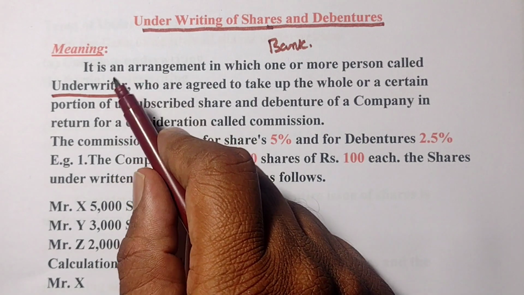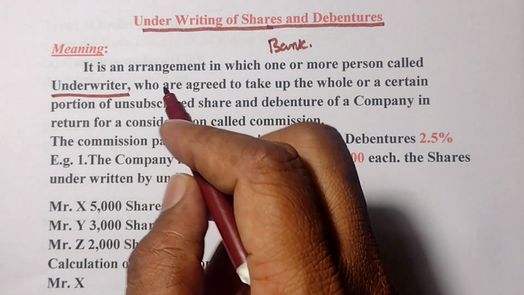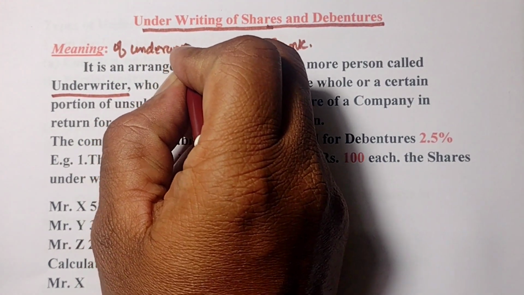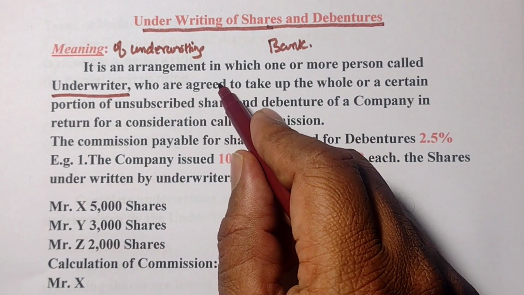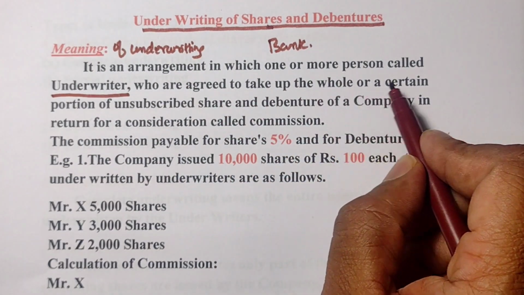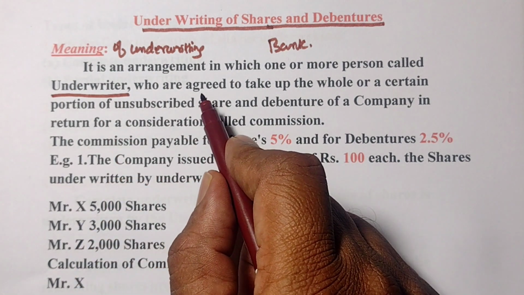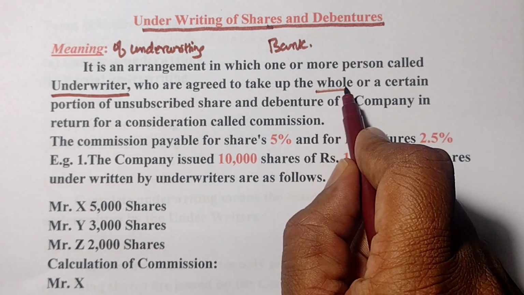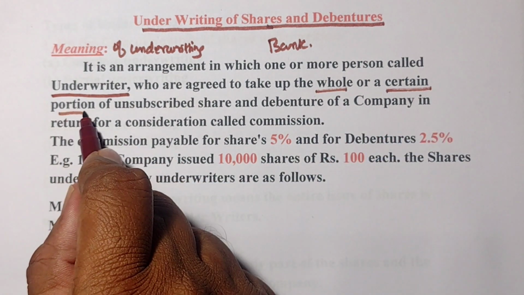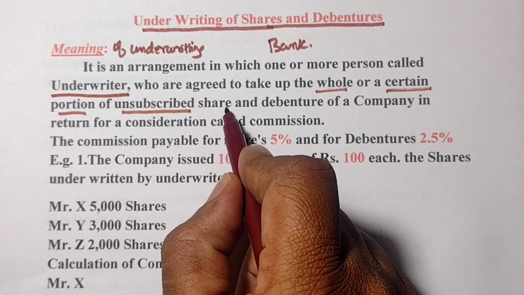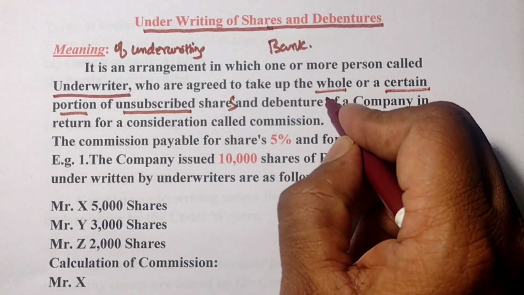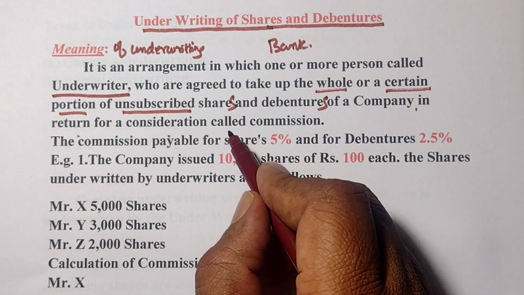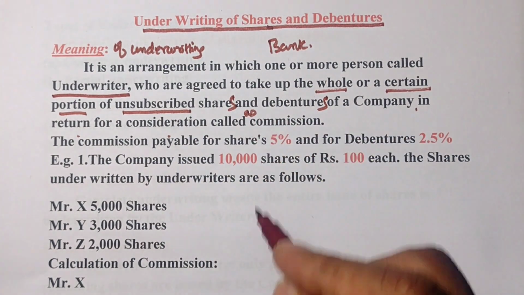So, the meaning of underwriting is: it is an arrangement in which one or more persons called underwriters agree to take up entirely or a certain portion of unsubscribed shares and debentures of a company in return for a consideration called commission.